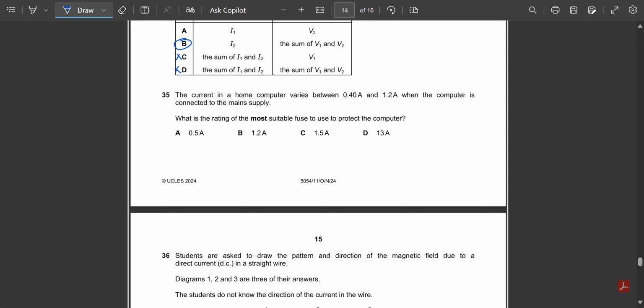Since it varies between 0.4 and 1.2, I would be using 1.2 ampere, because 1.5 will be a little higher. Rather, we should use 1.5, because in normal operation when it goes to 1.2 it will switch off. So 1.5 is a better answer.